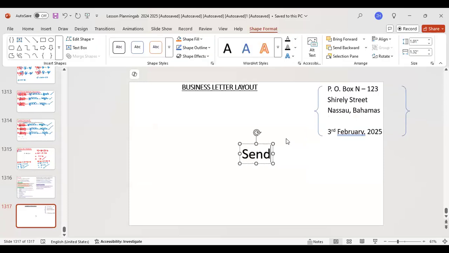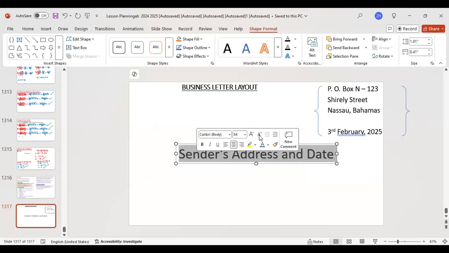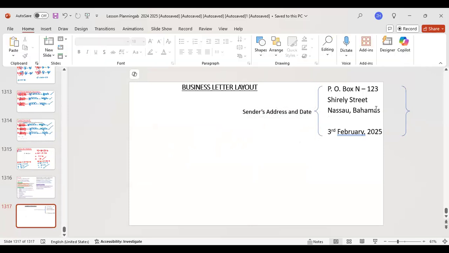So sender's address and date. So we have that here. Good. What else do we need?